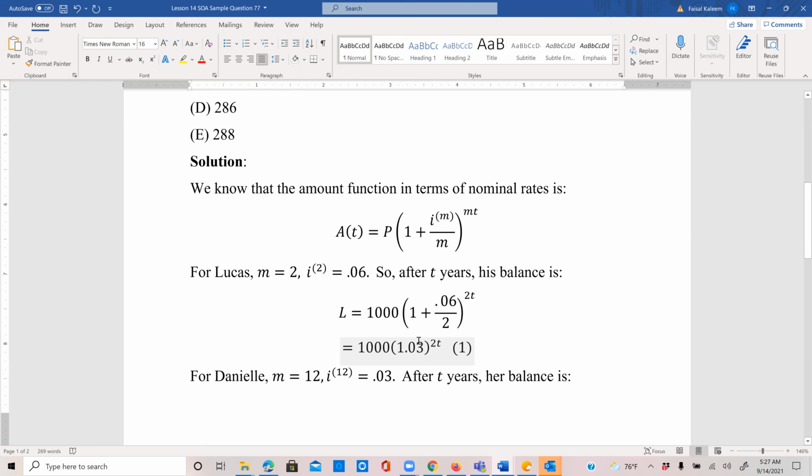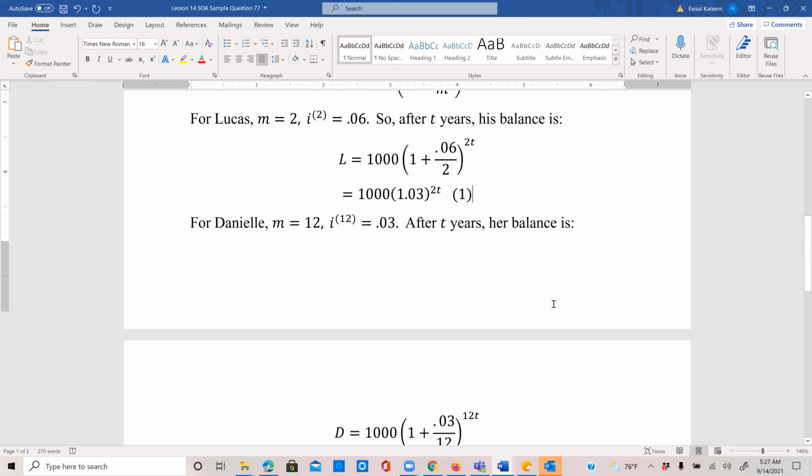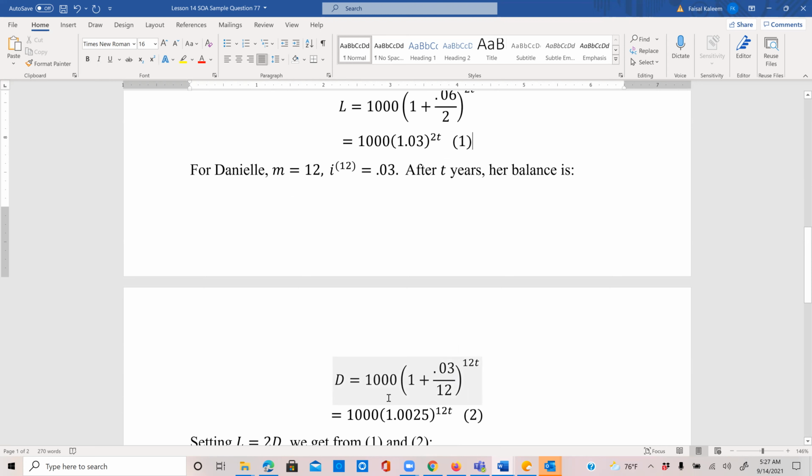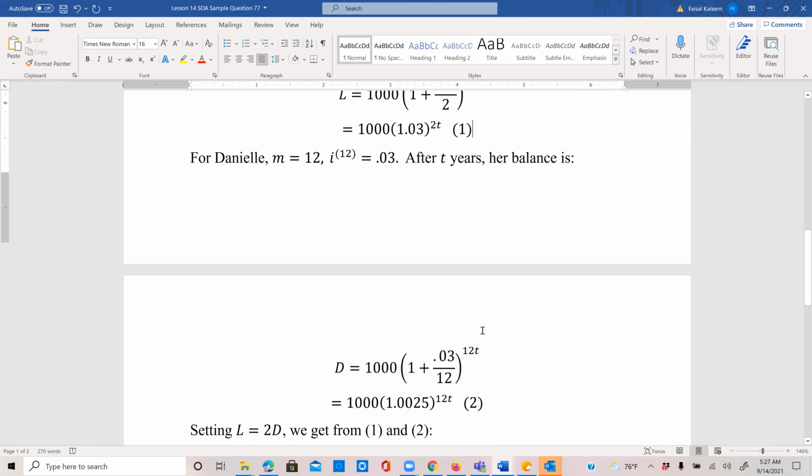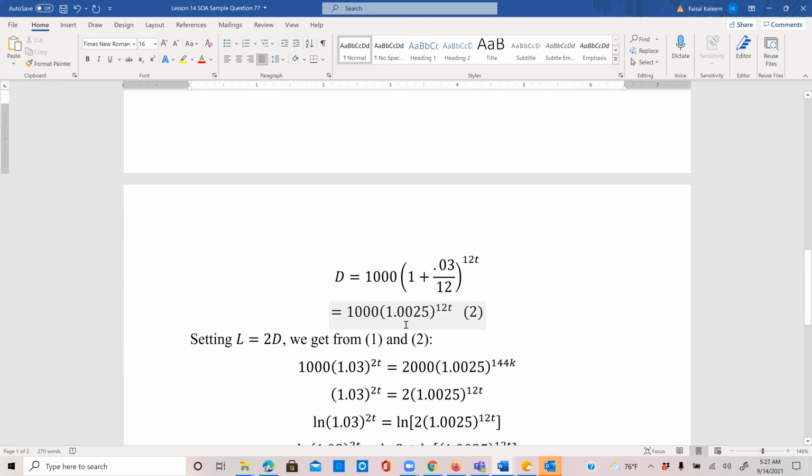For Danielle, the compounding is monthly, so m is equal to 12, and her nominal rate was 3%, so i^(12) is 0.03. After t years, her balance is 1,000 times (1 plus 0.03/12) raised to the power 12t, which equals 1,000 times 1.0025^(12t).